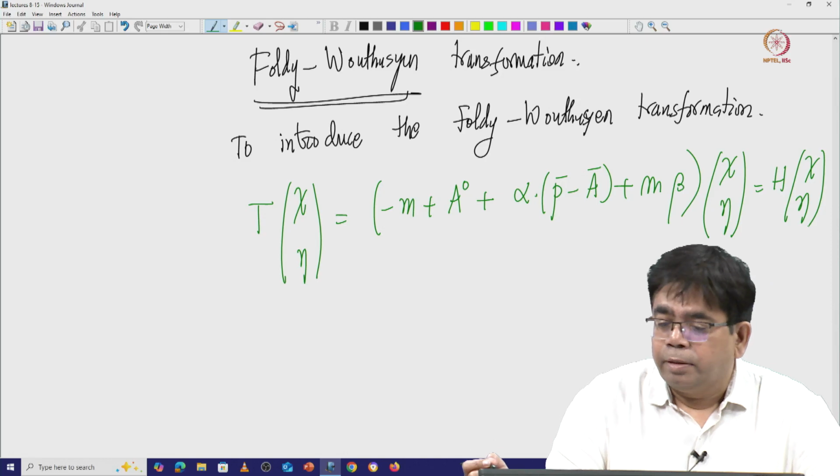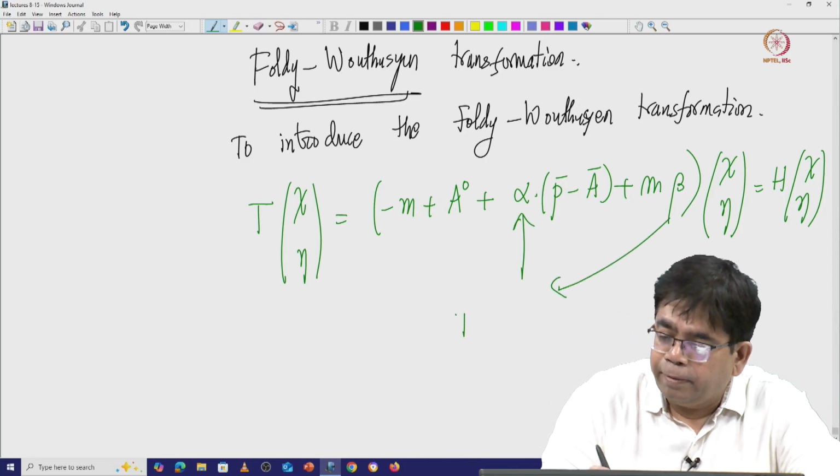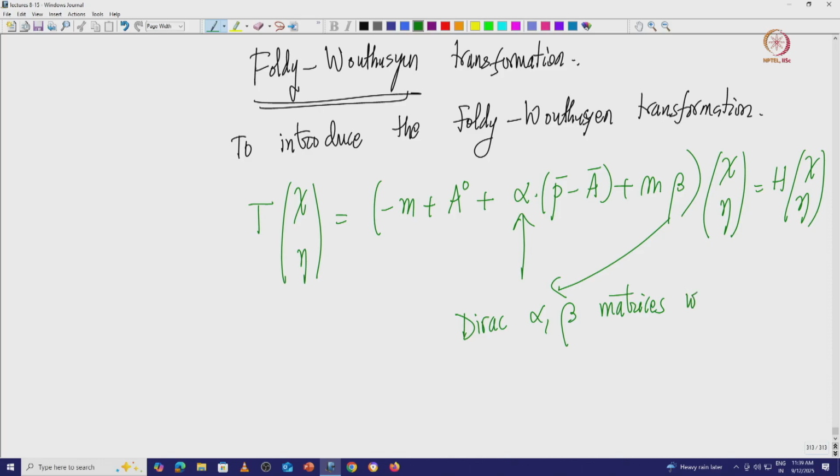Now these alpha and beta matrices are the Dirac matrices which we introduced in the earlier lectures essentially.